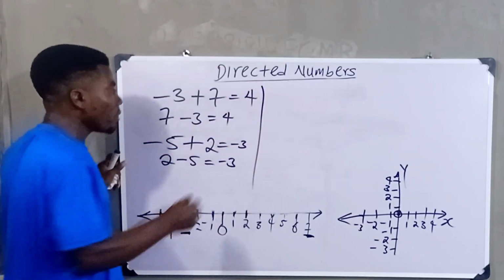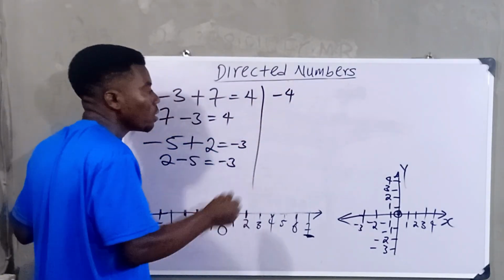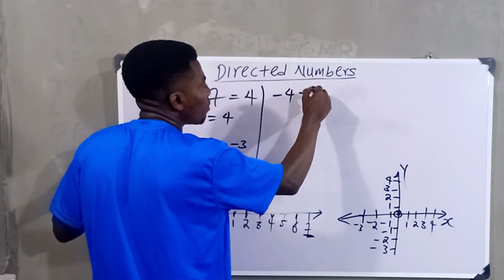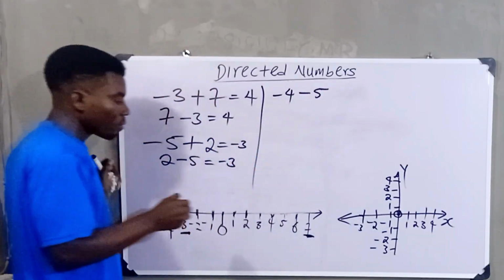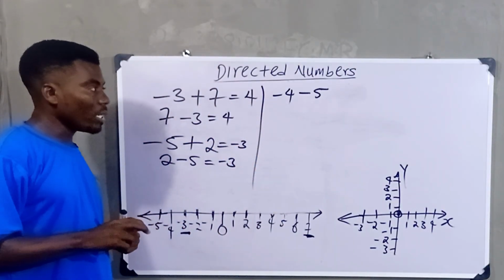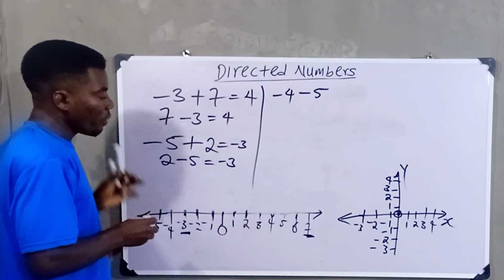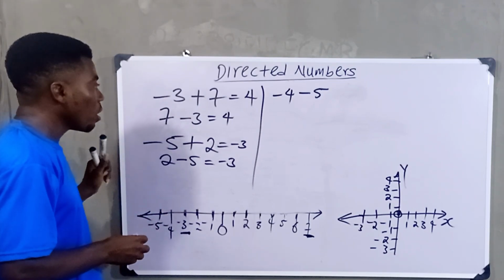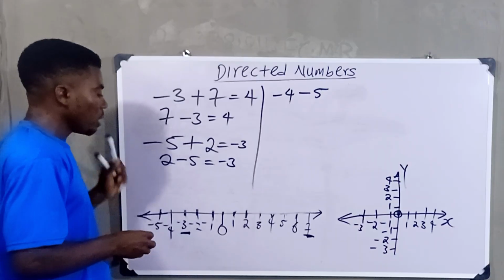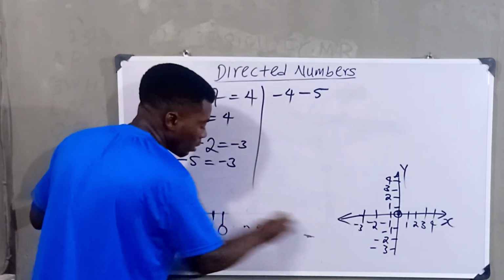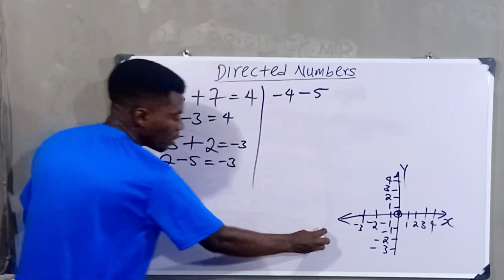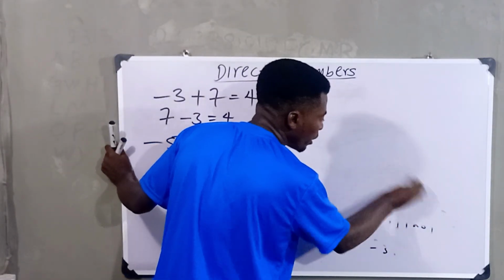Okay, so let's say we have negative 4 and negative 5. For that we have to redraw our number line. Remember, numbers go till infinity.